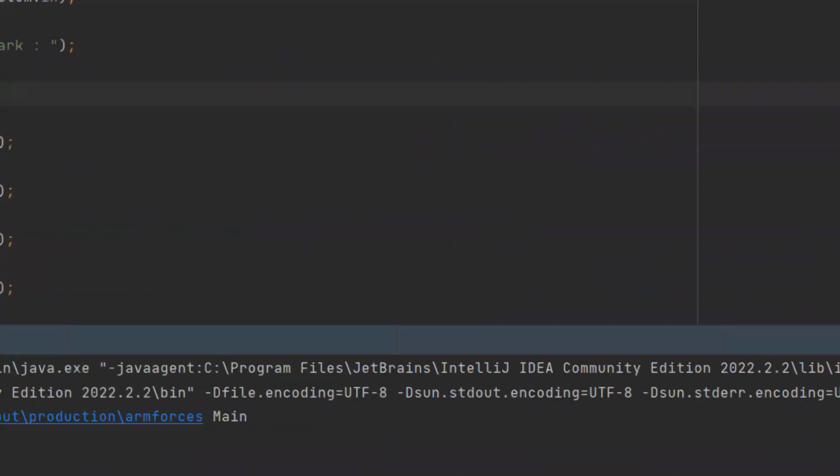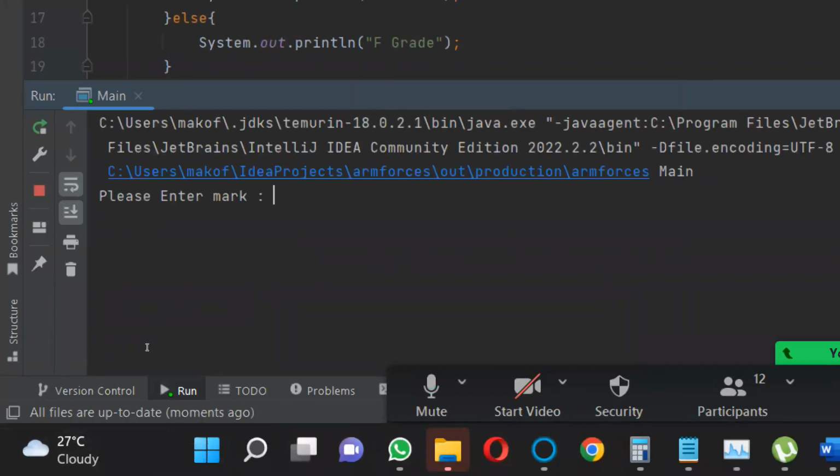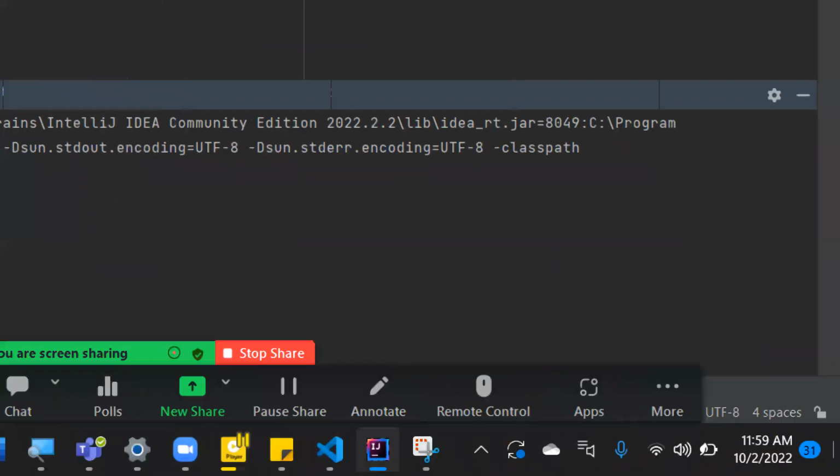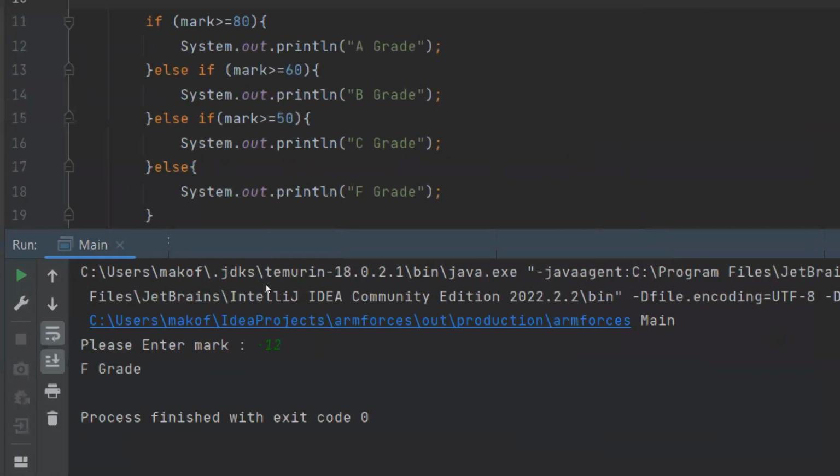And then if I run it again and I type in here -12, it tells me I got F. But as me and you know, no one can write an exam and get -12. If you get -12 in an exam, then that means the teacher who is teaching you really hates you. So this means that there is an error somewhere. Are we okay? Okay, sir.